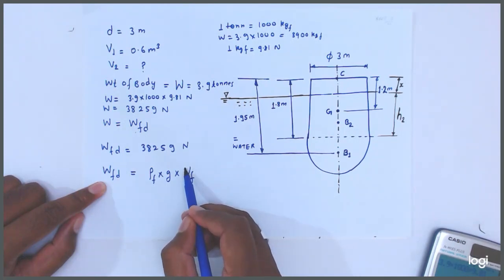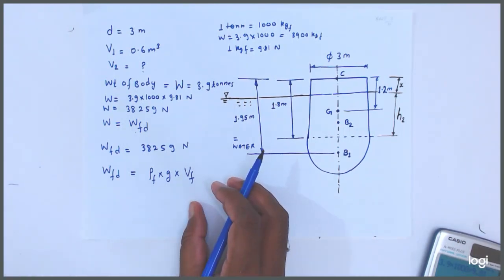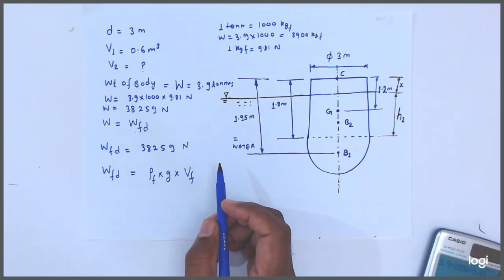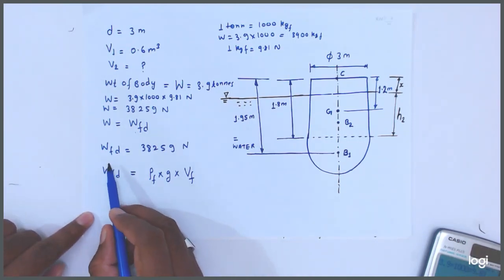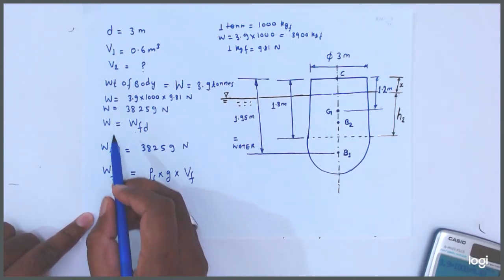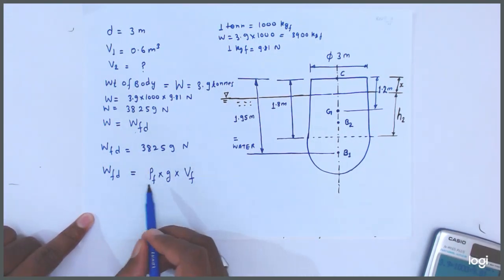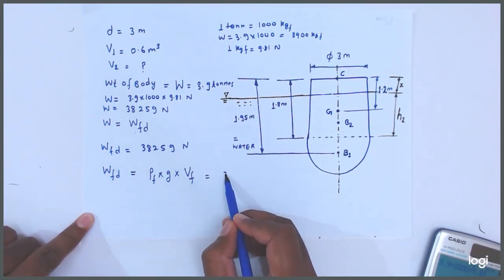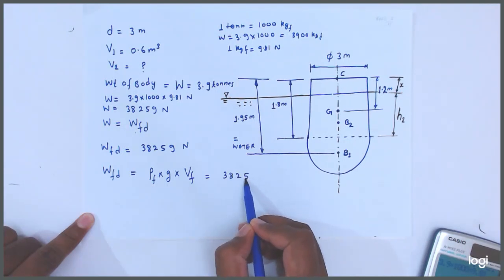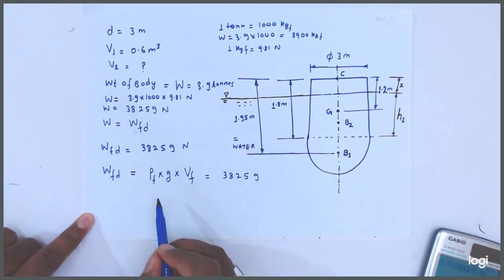Okay friends, so weight of fluid displaced is equal to weight of the body, and weight of the body is equal to 38259 Newton. So here it will come 38259 Newton.